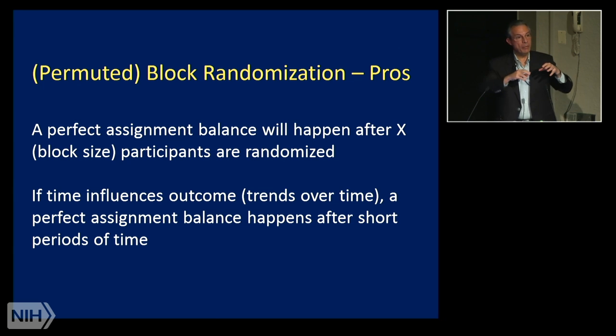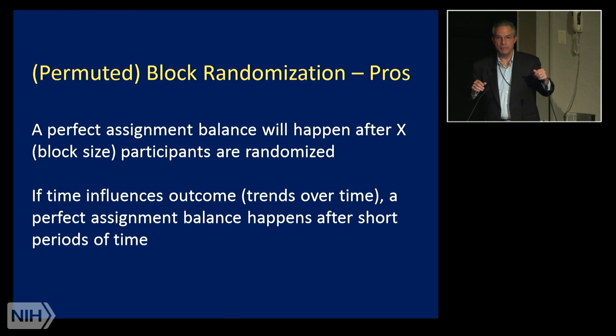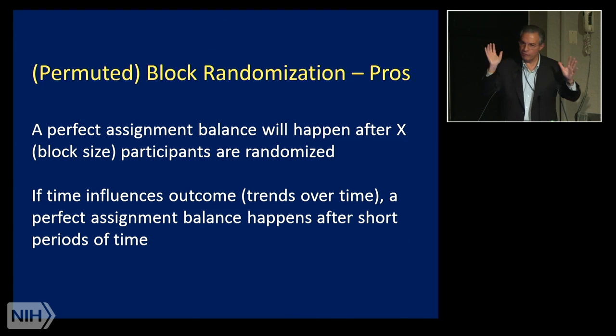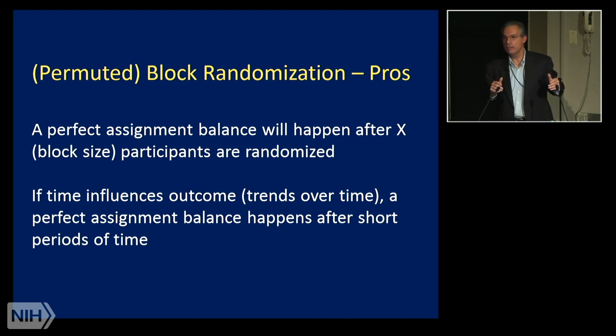What this is talking about is, say I've got a clinical trial with a sample size of 200. I know eventually it's going to balance, probably 100 and 100. But there's going to be a long period of time where there's imbalance before it eventually balances. What if time is something that matters? What if recovery in summer is different from winter?